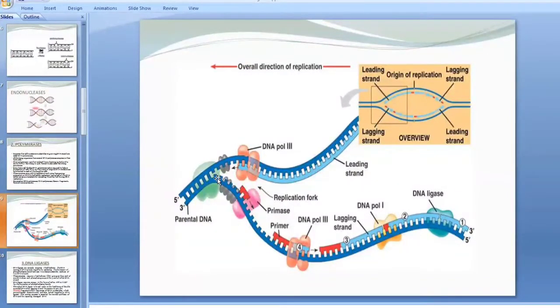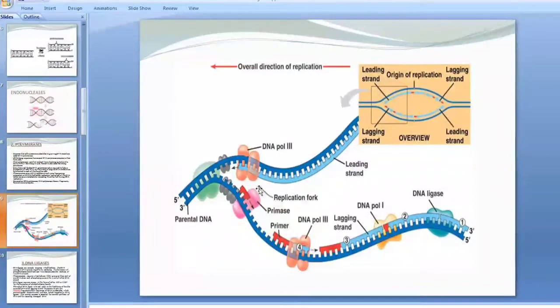So you remember there are two types of strands while the replication takes place. One is the leading strand and another one is the lagging strand. So the leading strand extends using its template from 3 prime to 5 prime towards the replication fork.